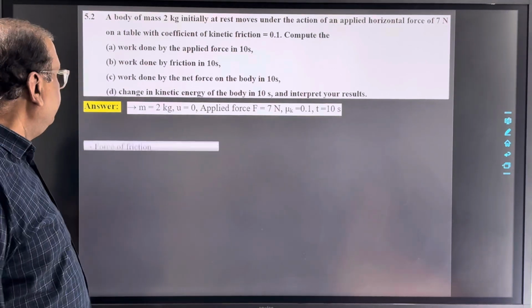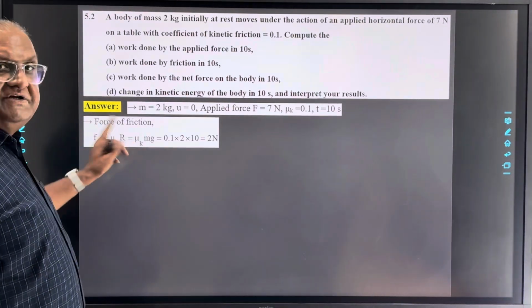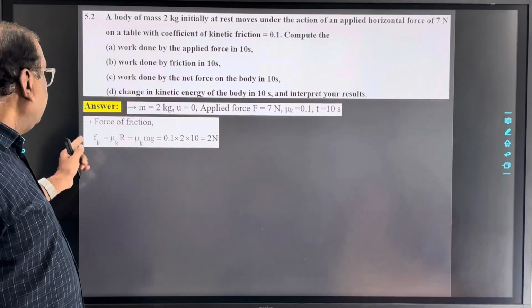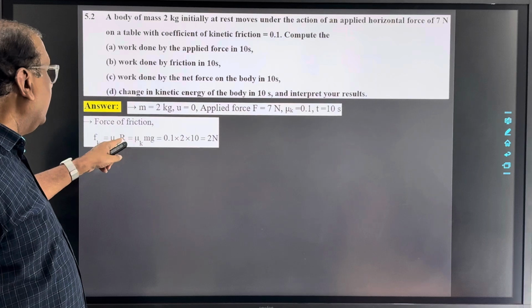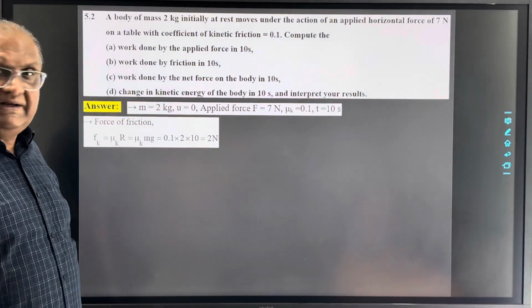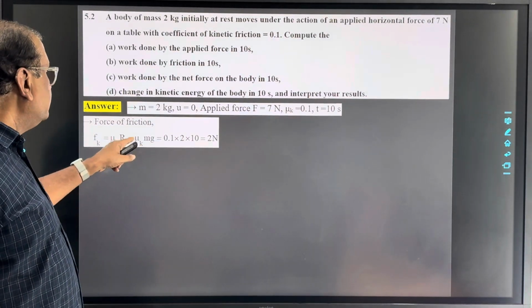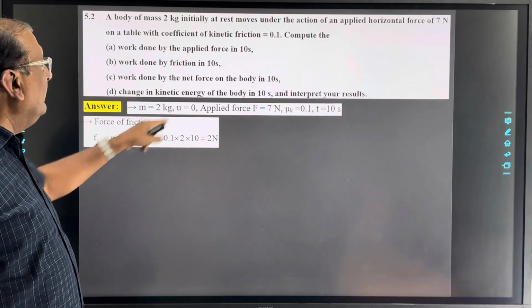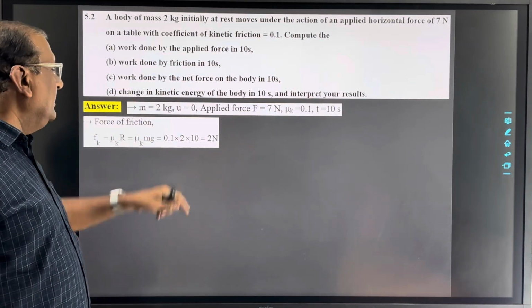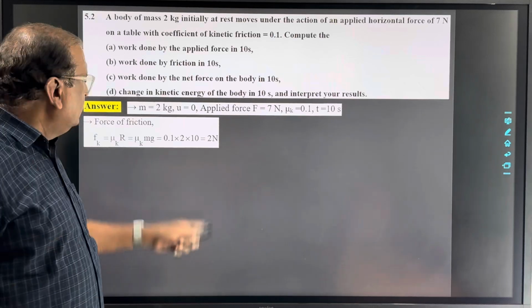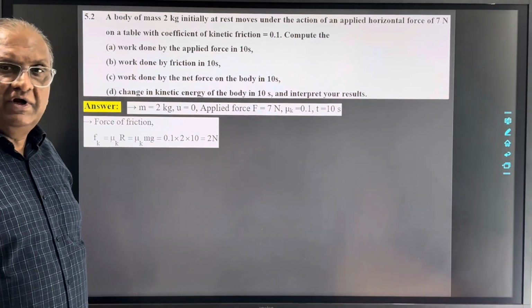So force of friction, that is Fk, it is kinetic friction, so mu k into R. R, that is normal reaction, so that is mg. So mu k into mg, mu k is given to you 0.1, m is 2, g we can take 10. So the answer is 2 Newton.